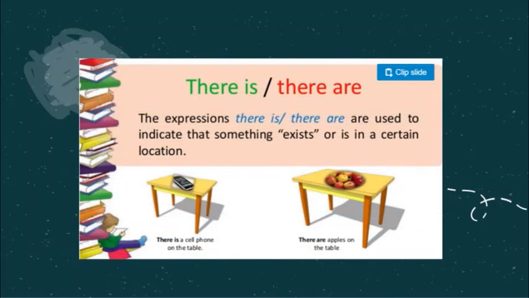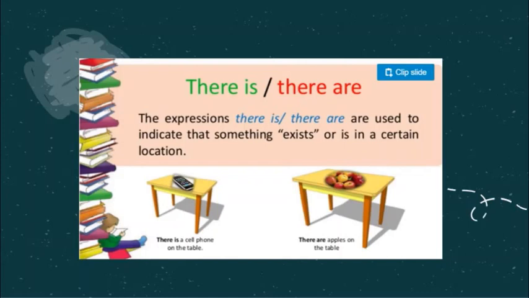These expressions, there is or there are, are used to indicate that something exists or is in a certain location. Let's look at the pictures below.